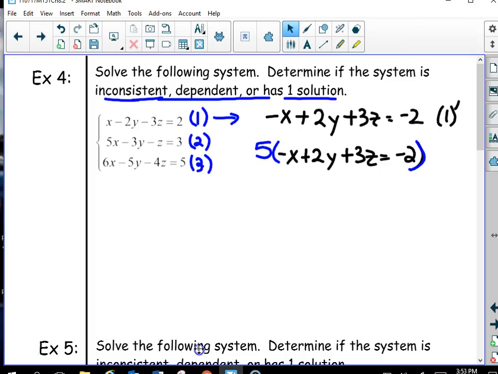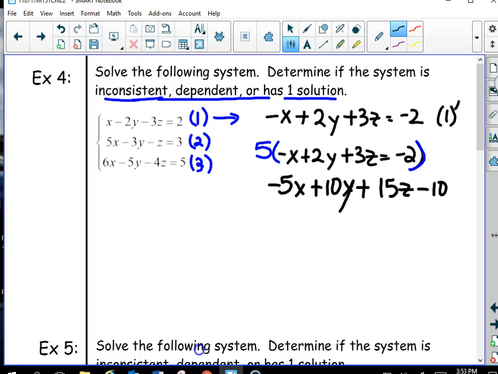That'll give me -5x plus 10y plus 15z equals -10.